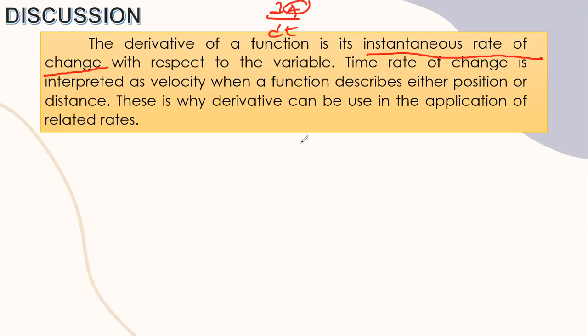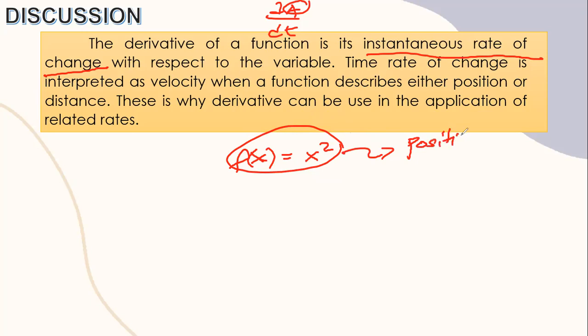Okay, for example, meron daw tayong function f of x equal to x squared, tapos that is the position or distance of a certain point. Okay? Pag kinuha natin yung derivative niyan with respect to time, so f prime of x, we have 2x.